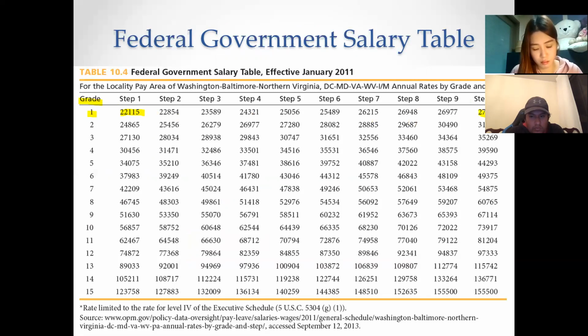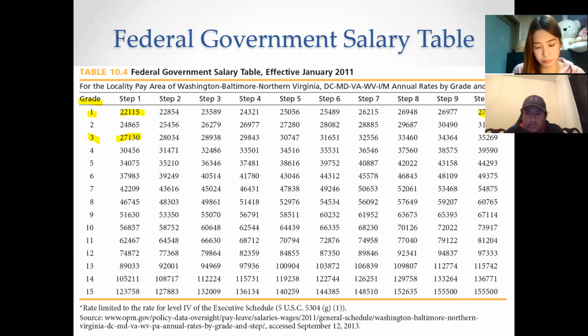Now look at this important difference. Which is more money? Step 10, grade 1, or grade 3, step 1? Constance, you there?